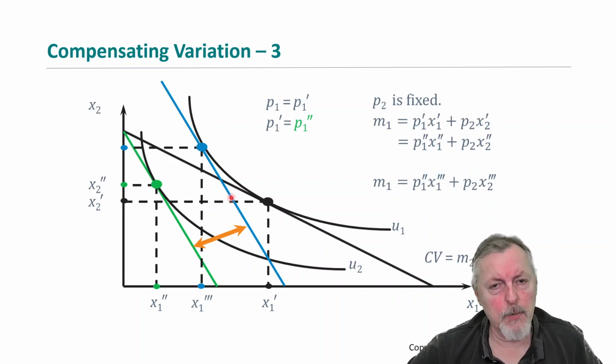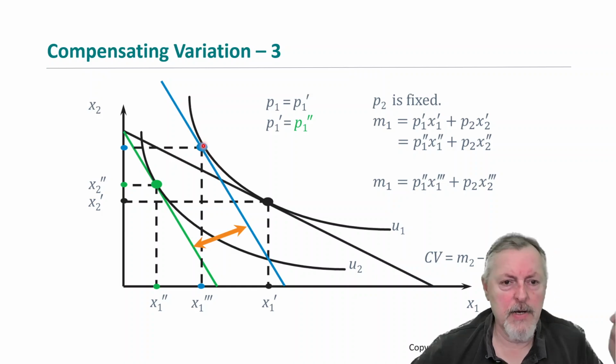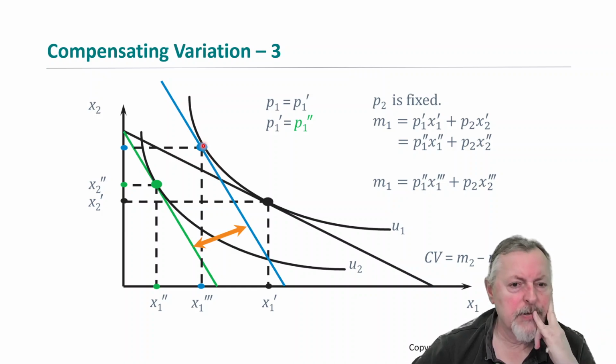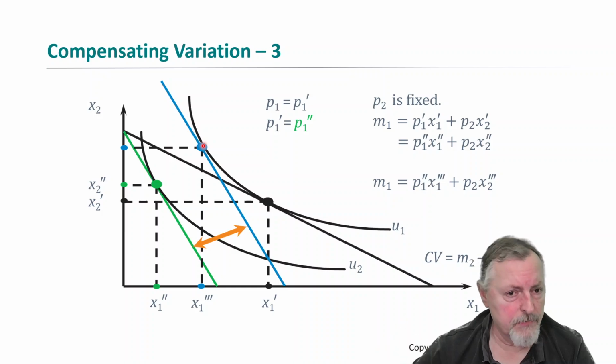How much additional money would I have to give you so that you could end up here, just barely able to afford a consumption bundle on the old, higher indifference curve?